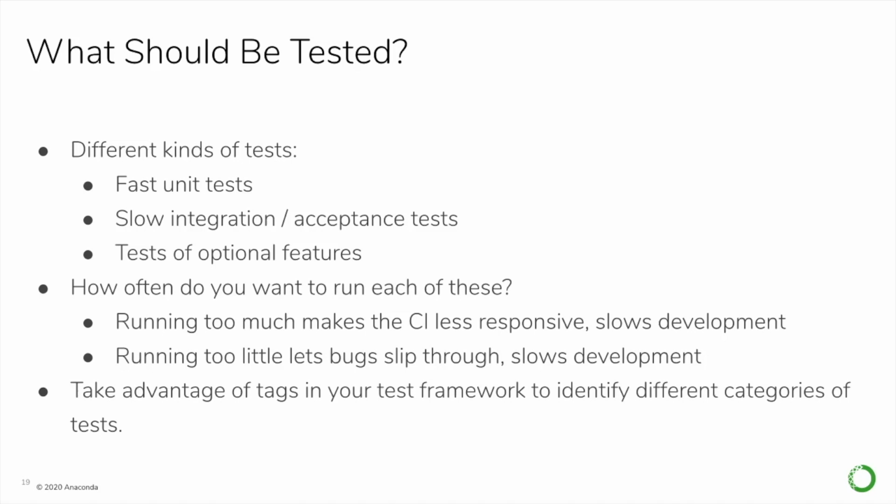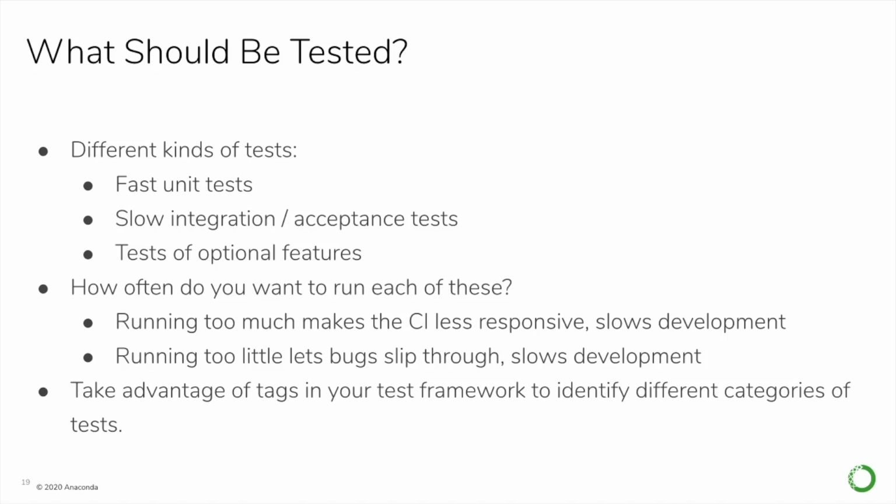And you want to think about how often you want to run all these different kinds of tests, because there's this trade-off: if you run too many of the tests too often, the CI is less responsive. If you have to wait an hour for your test suite to get back to you and tell you that you broke the code, that's just going to slow your development cycle. However, if you run too few of the tests, if you subset your test suite down so it takes 5 minutes, that's great.